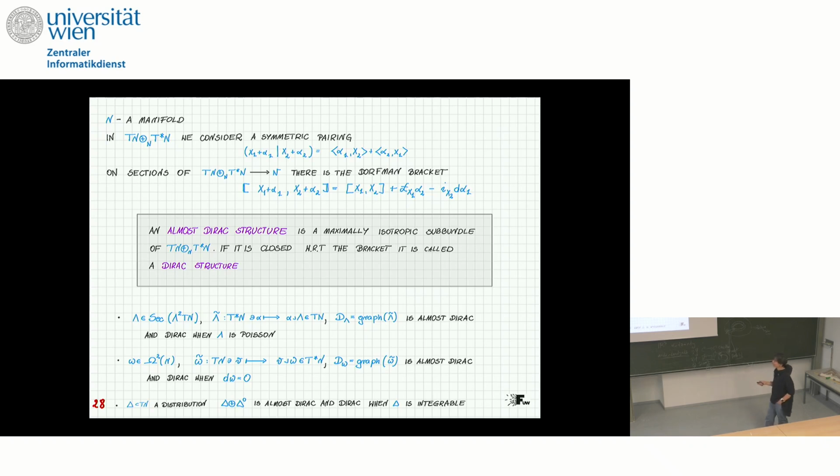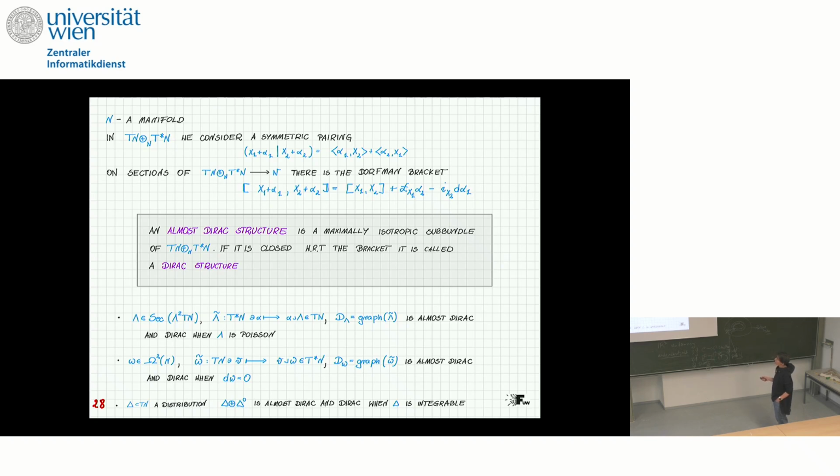And there is another example. Take any regular distribution on the manifold, and take as a subbundle in our bundle the sum of this distribution and its annihilator.